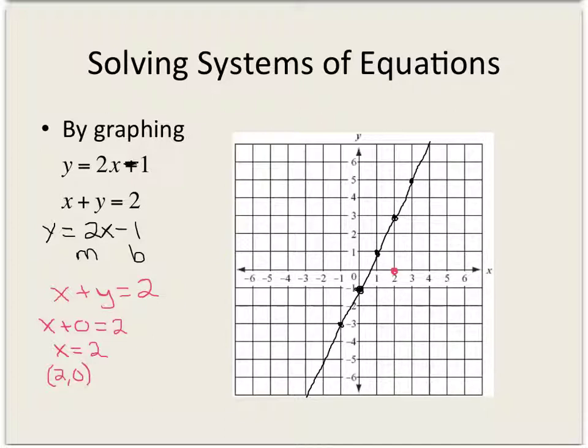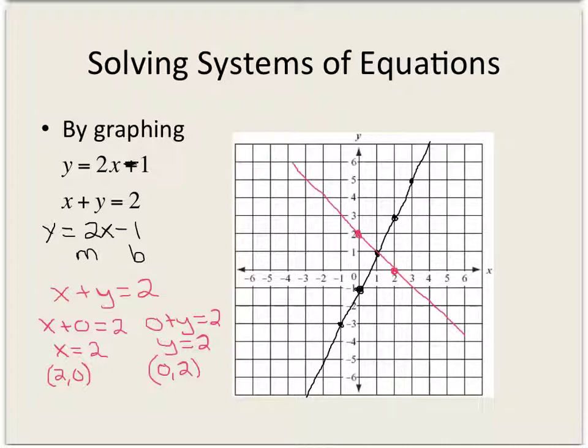To find my y-intercept, I'm going to set x equal to 0, and I get y equals 2. So I'm going to graph the point x is 0, y is 2. And I can connect those 2 points to make my second line.